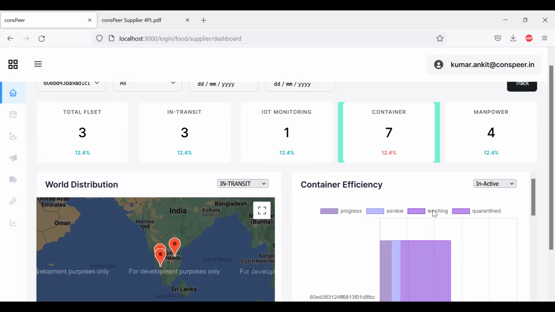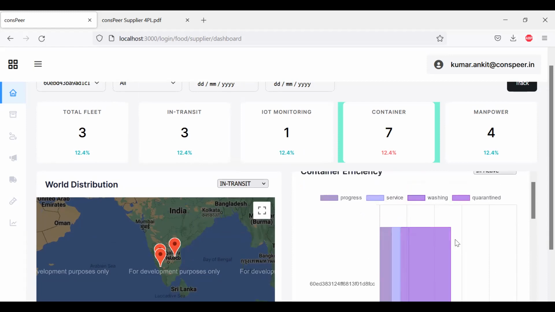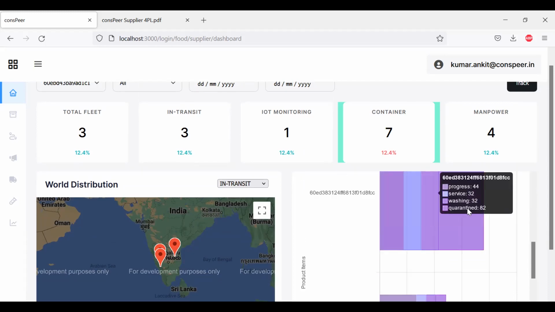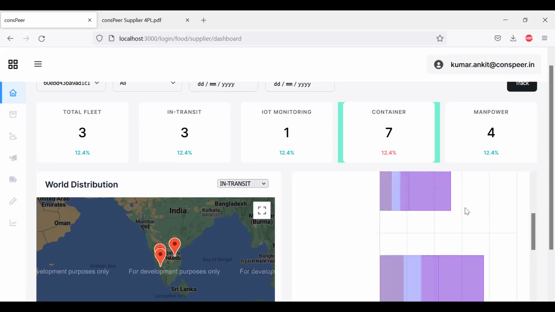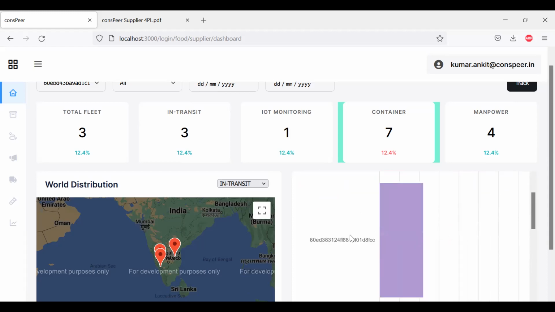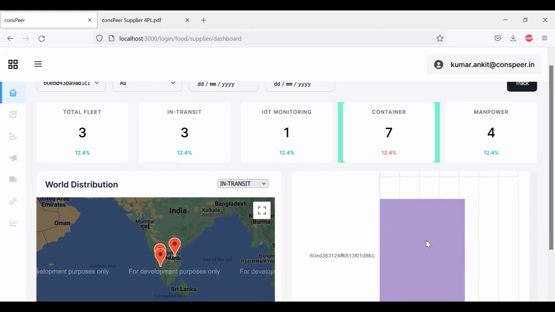So for the containers being utilized, what is the percentage of hours they are in the process of quarantine, washing, servicing. These are real data. So you can see summation-wise what their progress is. This is comparative: this one is in much use, or that one is quarantined a lot. So you improve the working and decision making, and you get the decision.